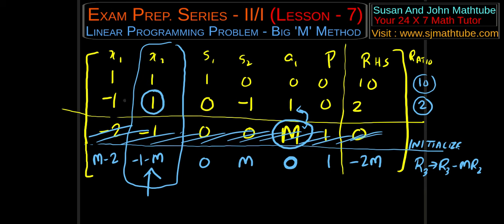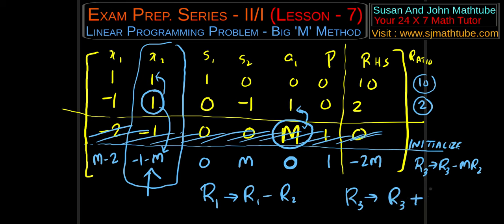Okay, so what to do with this one? Yeah, we have to make above and below to 0. So I'll write the operation. R1 changes to R1 minus R2, and R3 changes to R3 plus 1 plus m into R2.